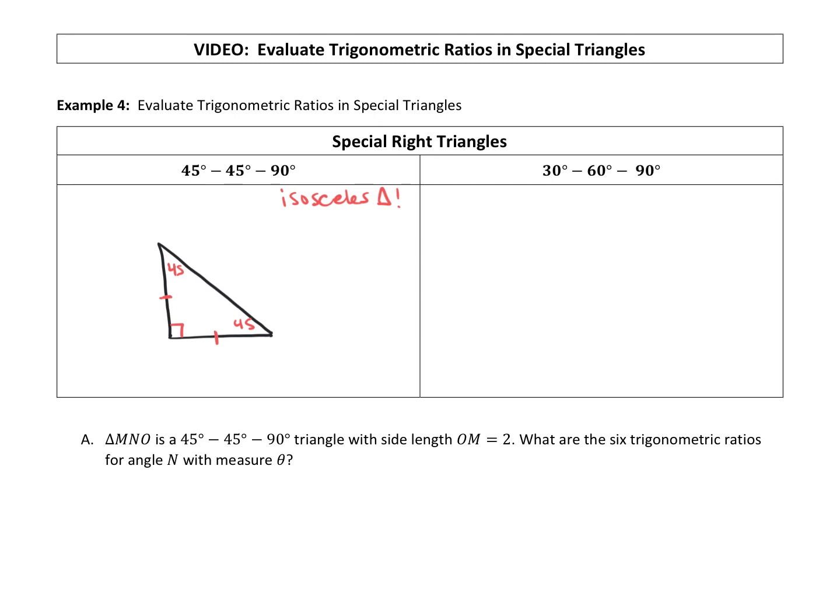We are going to use specific labels for our three sides. They are proportional to each other in the same way for every single 45, 45, 90 triangle. Right now, we don't know any of the side lengths, so let's just call this side x. Well, if that side is x, guess what?